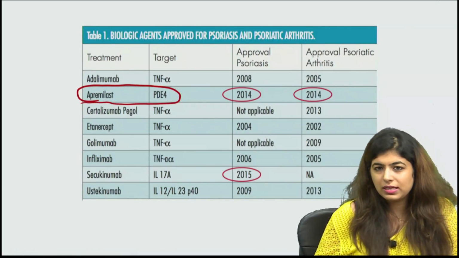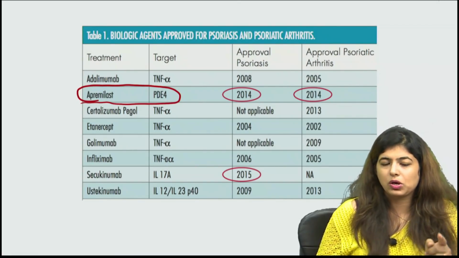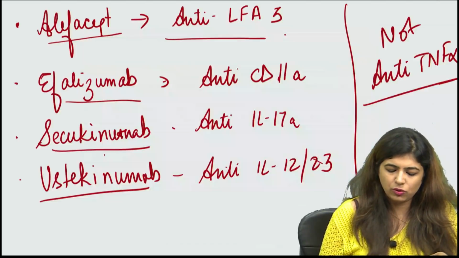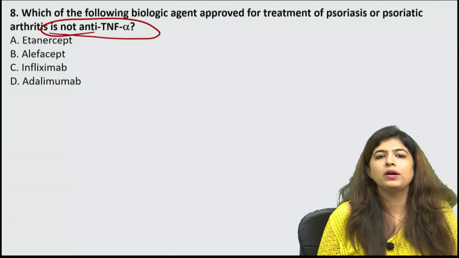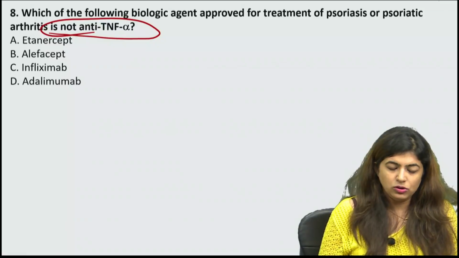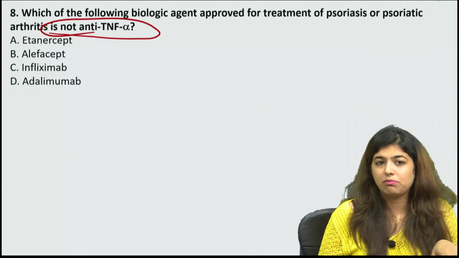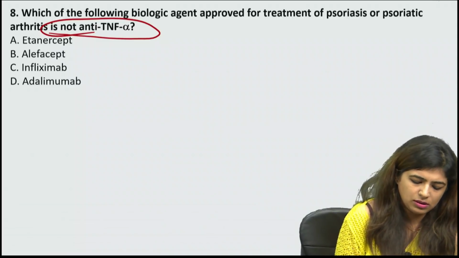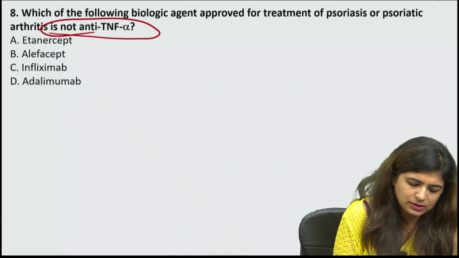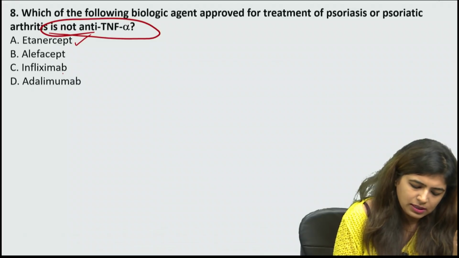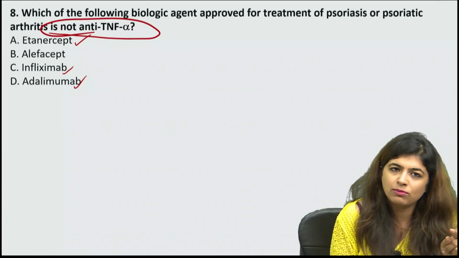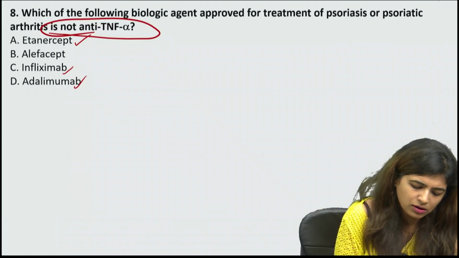The question is a little tricky one because it is asking you the drugs which are not anti-TNF alpha. So generally we remember the biologics used in psoriasis, but to remember it like this is the way it is supposed to be. So etanercept is anti-TNF alpha, infliximab and adalimumab are again anti-TNF alpha.